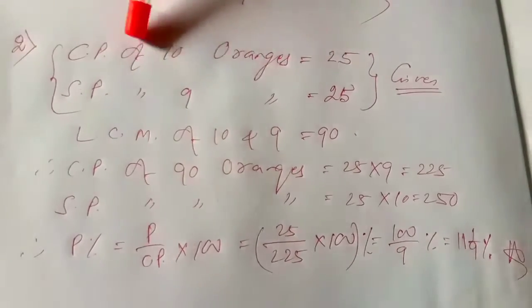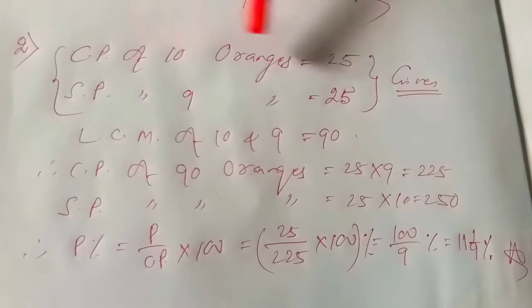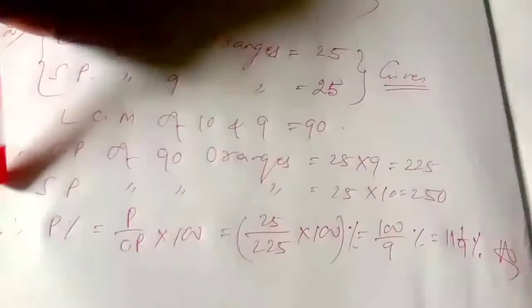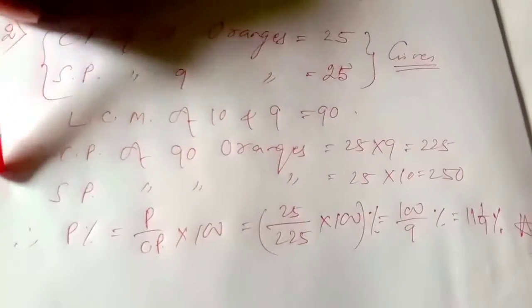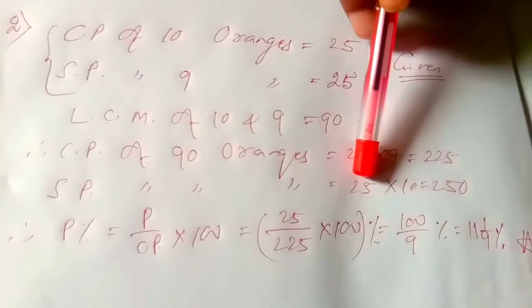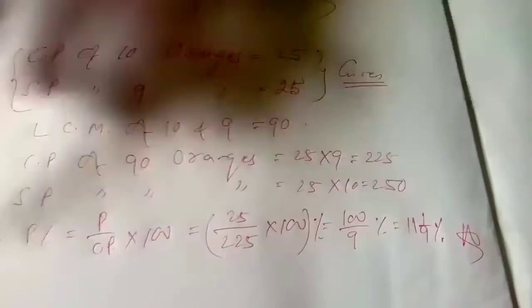Cost price of 90 oranges is 25 into 9, which is 225. Selling price of 90 oranges is 25 into 10, which is 250. Selling price is greater.